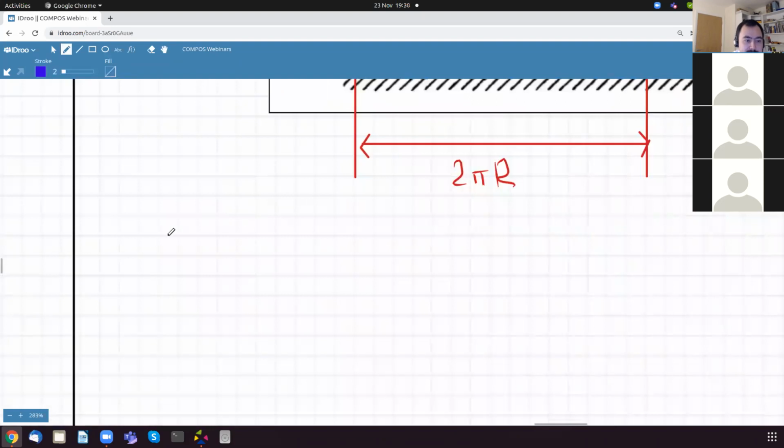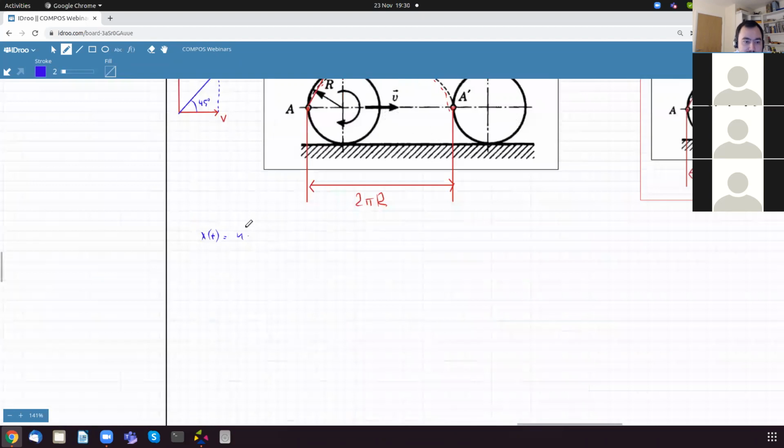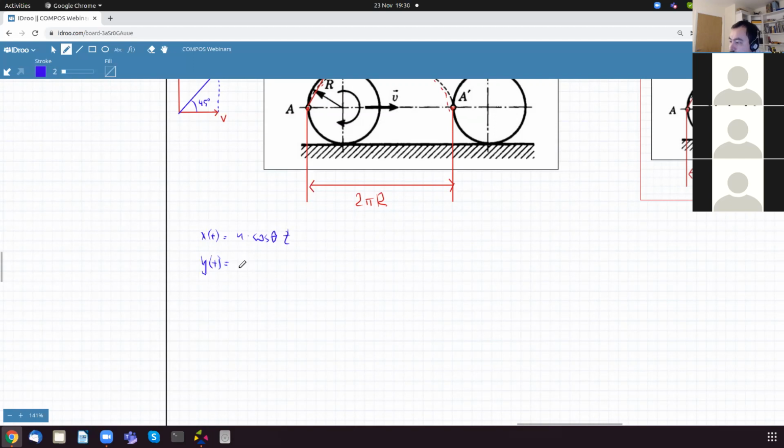So we write down x of t is equal to the initial velocity times cosine theta times t. That's the horizontal movement, and the vertical movement is, but we're not looking for the radius.